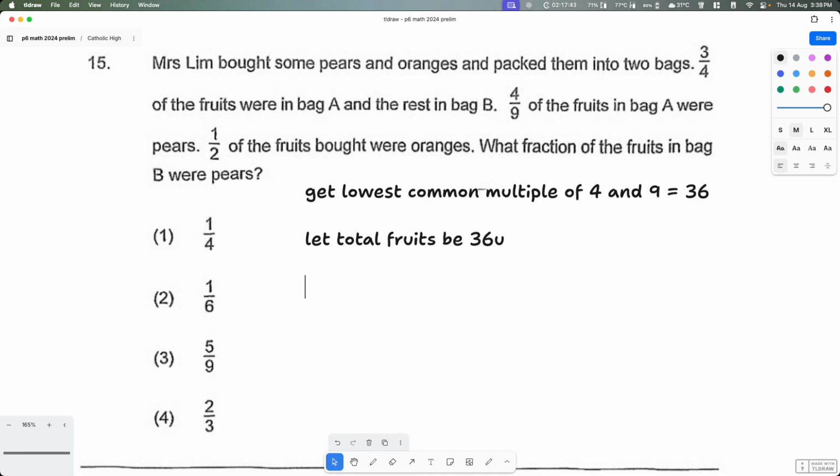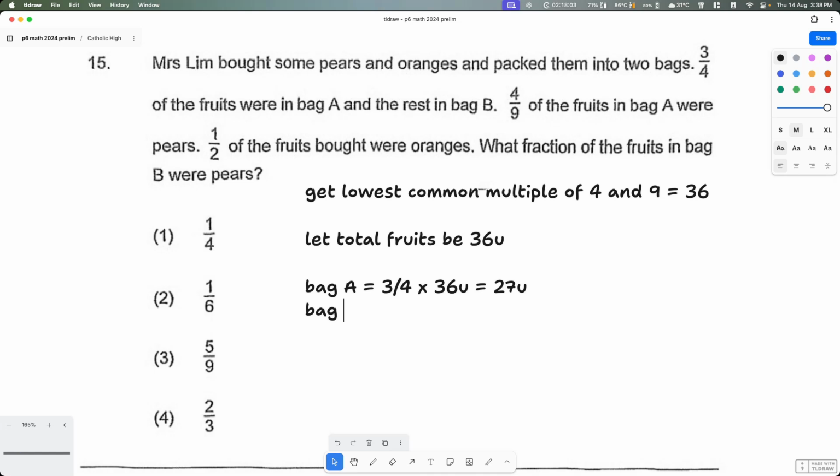So for bag A, it is equal to 3/4 times 36 units. 36 divided by 4 is 9, and times 3 is 27 units.